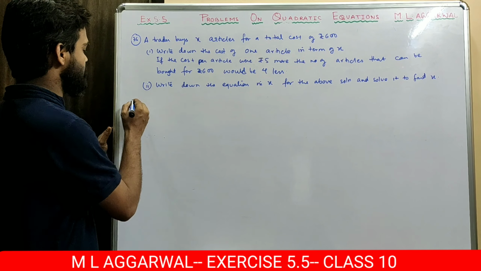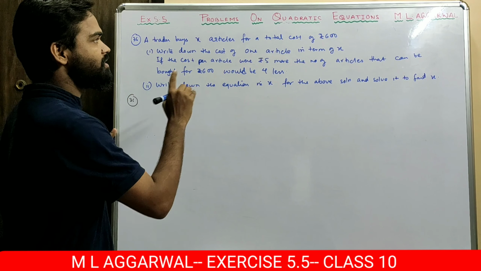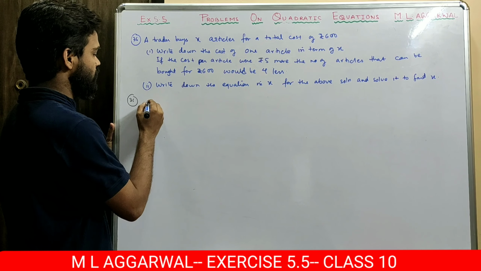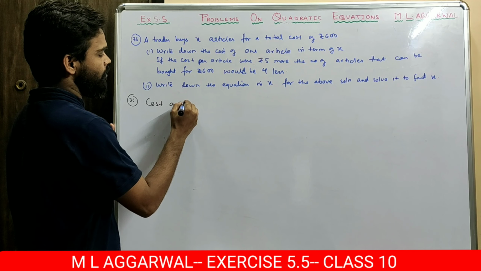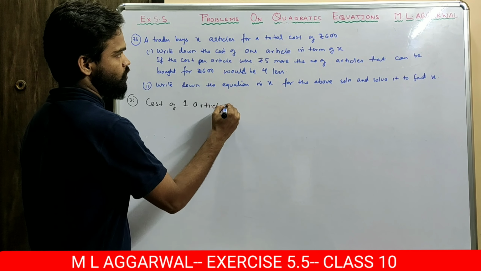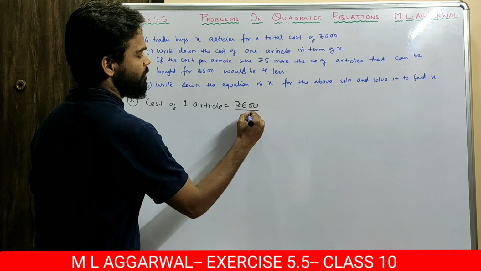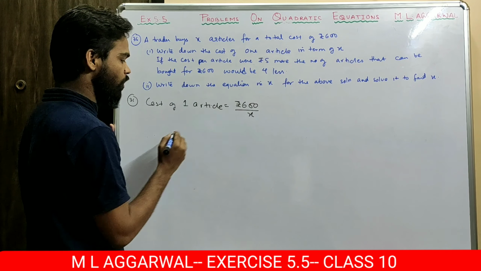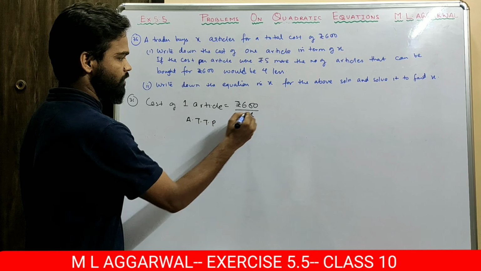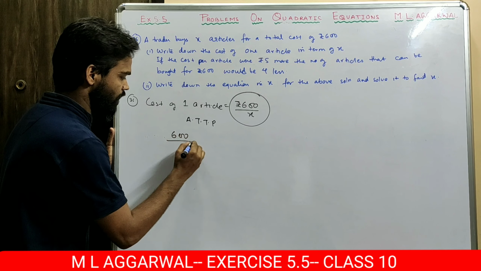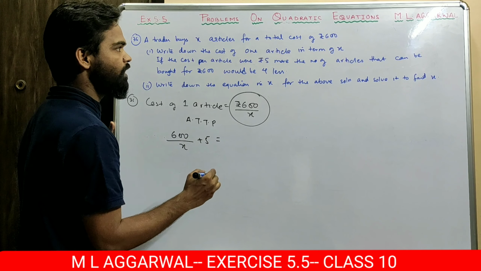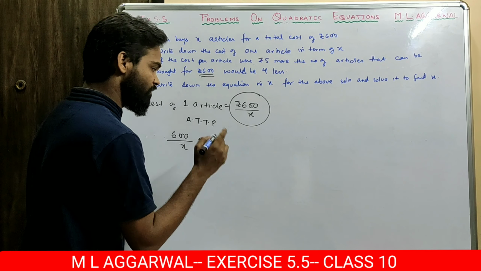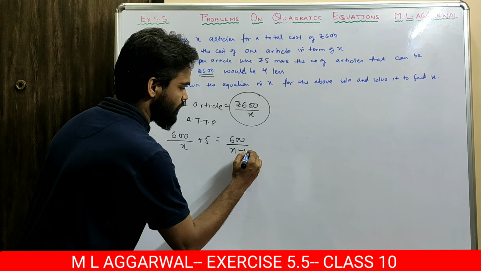Now look at sum number 36. They have told a trader buys x articles for the total cost of rupees 600. Write the cost of one article in terms of x. Very easy. Cost of one article is the total cost divided by the number of articles. Now they told if the cost per article were rupees 5 more, then the number of articles that can be bought for rupees 600 would be 4 less, which will be x minus 4.